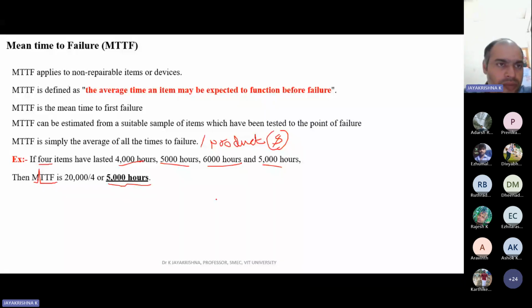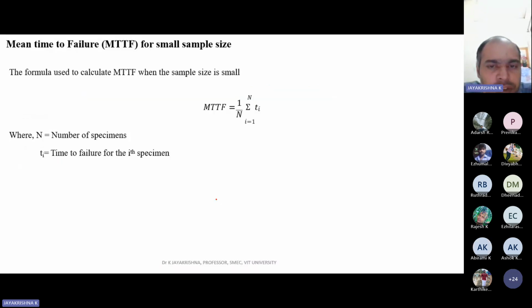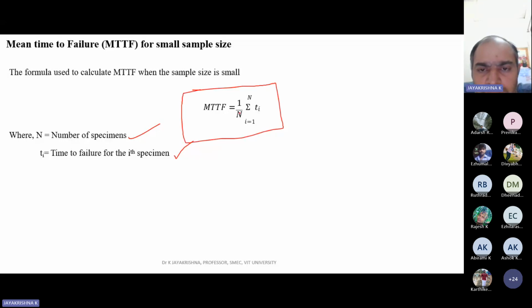Okay, good. Now, if you're having only a small sample, that is mean time to failure for small sample size, you can use this formula. Here, MTTF is equal to 1 by n, summation of i equal to 1 to n of Ti. n denotes the number of specimens, Ti is the time of failure for the ith specimen.